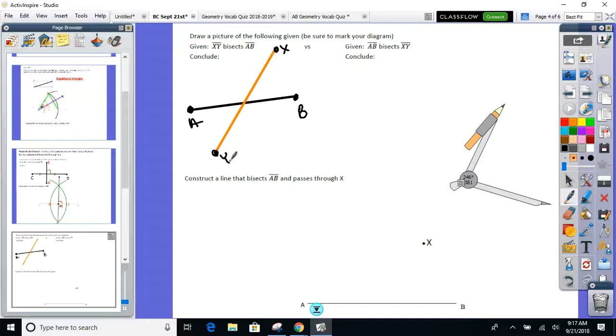What marking should I put on my diagram? Because I have no idea what's happening. I just have two line segments intersecting here. Where should my hash marks go? On XY or AB? AB, because it's being cut in half.